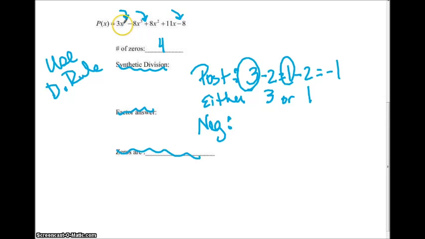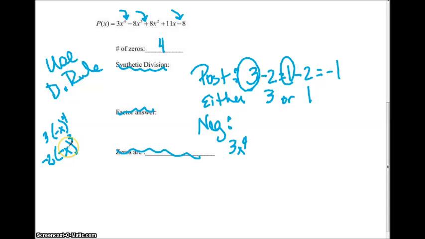Now, this means that if this is your x, not the whole term, so this is like saying 3 times negative x to the 4th. As long as it's to an even power, it does not change anything. This is still going to be 3x to the 4th. But if it's an odd power, it's like saying minus 8 times negative x to the 3rd.